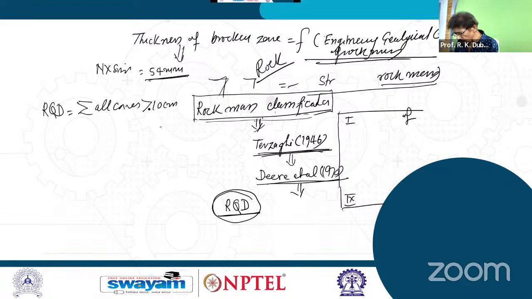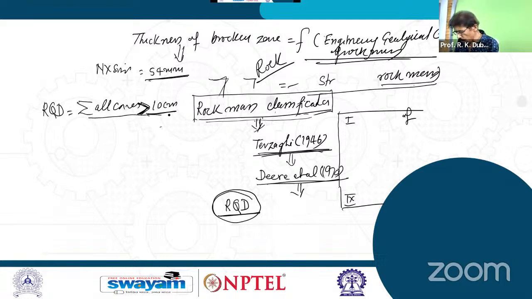We are excluding equal to 10 cm, always considering more than 10 cm. Why? Because we don't want to take any risk. If we consider up to 10, the value may be slightly less. If we consider more than 10 cm, then we are on the safe side.